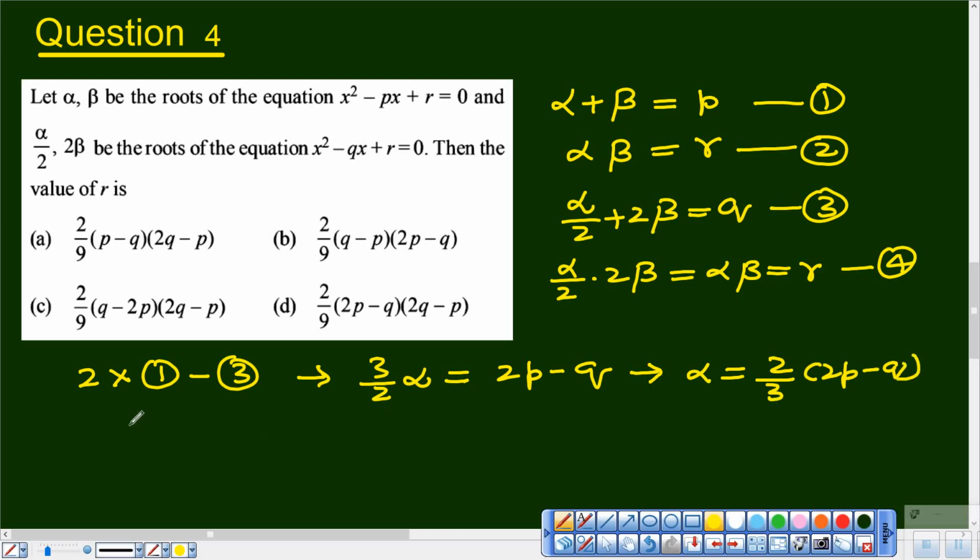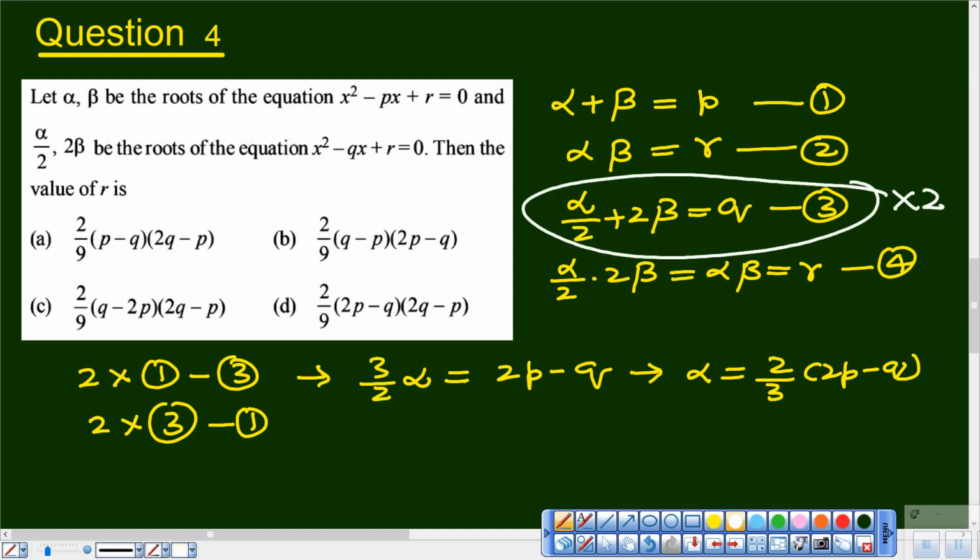To get beta, what do we do? Again I solve these two equations, but this time we eliminate alpha. How do we do that? We multiply the third equation by 2 and subtract the first equation from that. When I multiply by 2, this will become alpha.